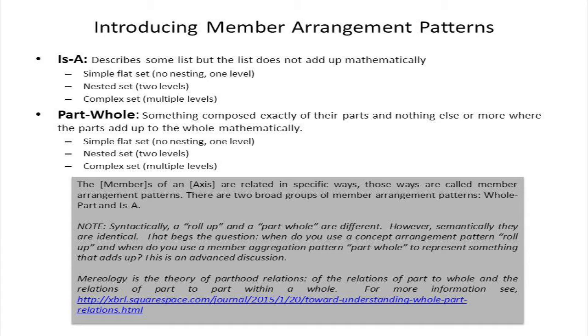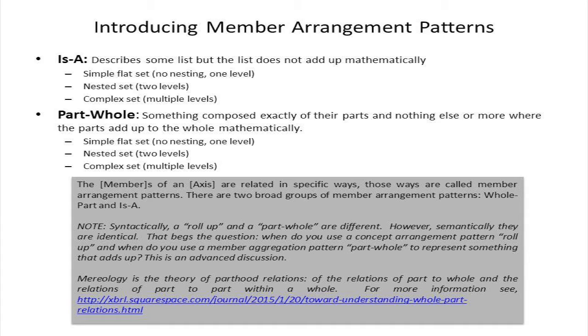The second type is the whole or the part-whole relationship, where something is composed exactly of their parts and nothing else or nothing more exists for that whole, and the relationship is mathematical.